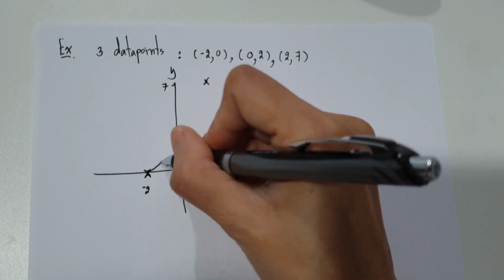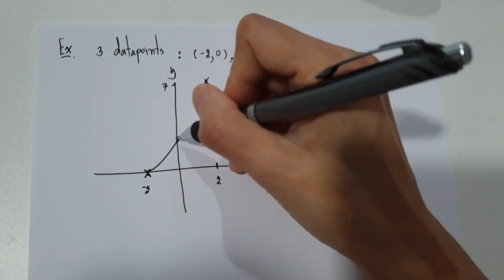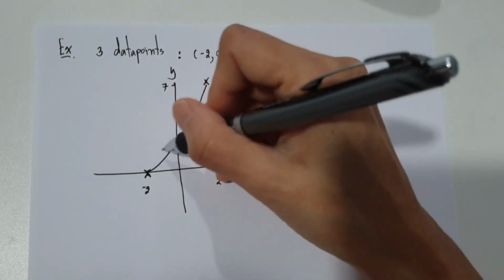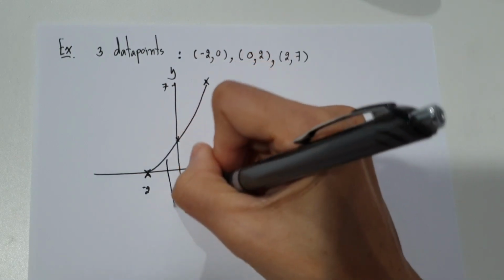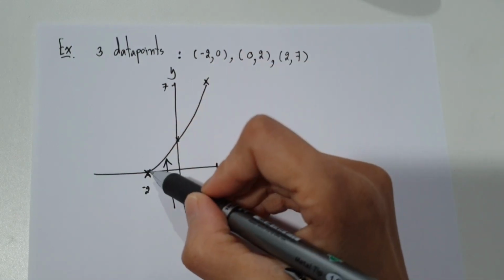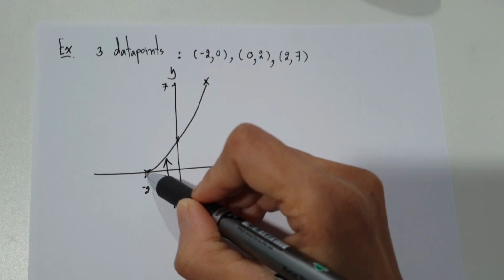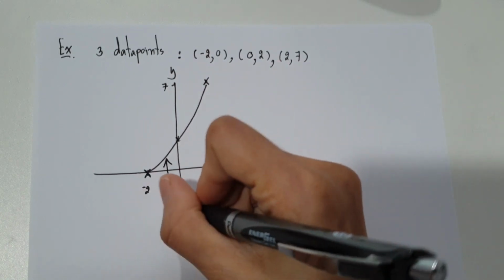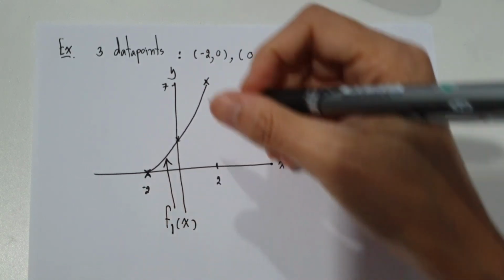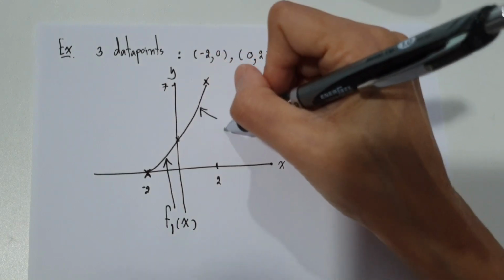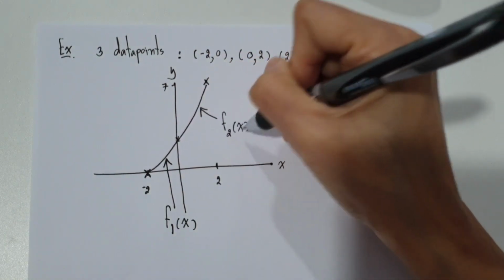So the quadratic spline will create two functions. The first function will fit in between the first and the second point. This is f1(x), and this is the second function, f2(x).